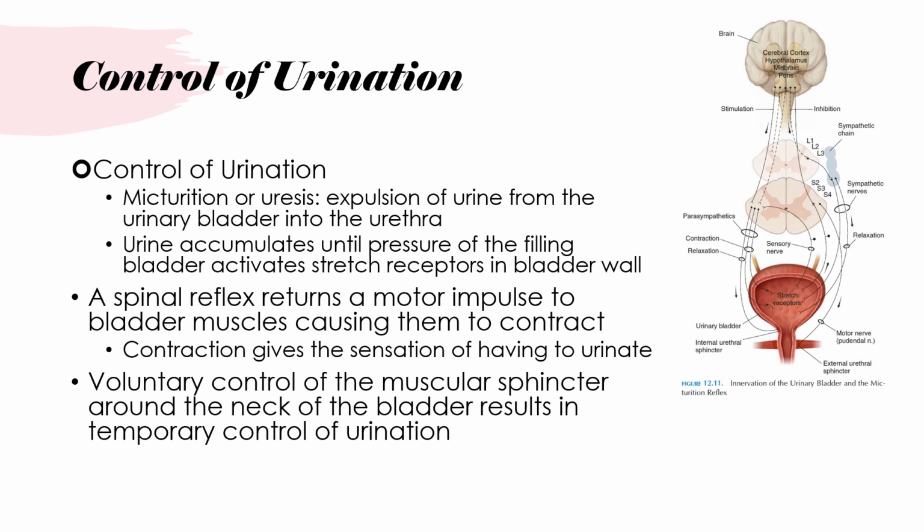Then that spinal reflex returns a motor impulse to the bladder muscles, causing them to contract. Contraction gives the sensation of having to urinate. That's where your voluntary control of the sphincter muscle around the neck of the bladder results in temporary control of urination. So you can stop and start.